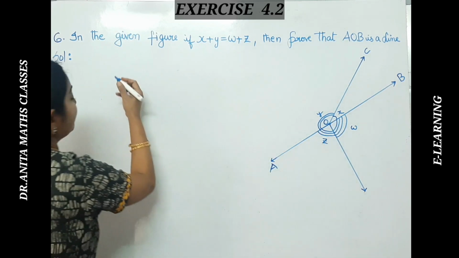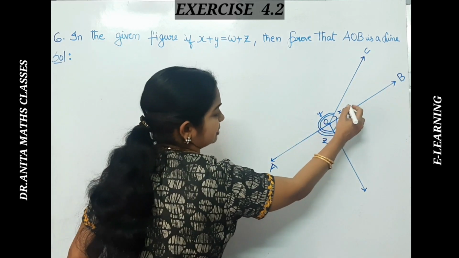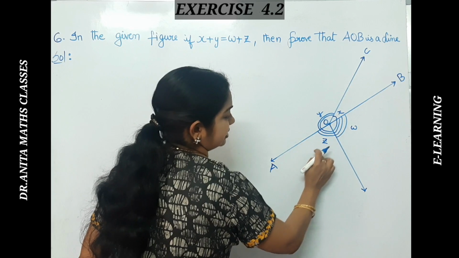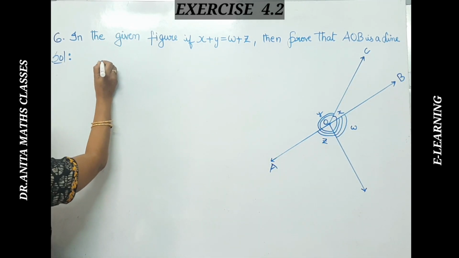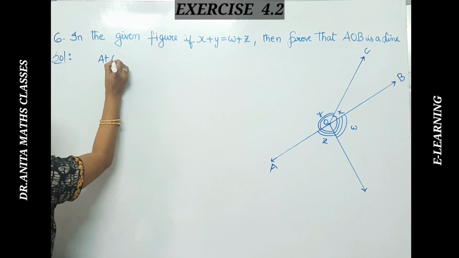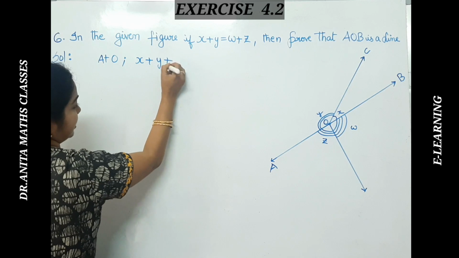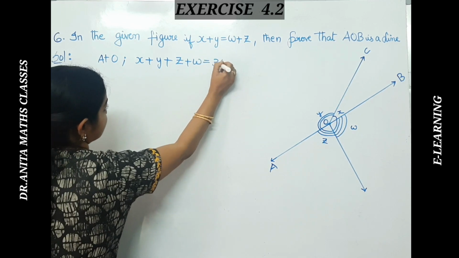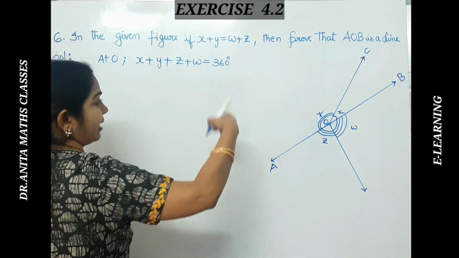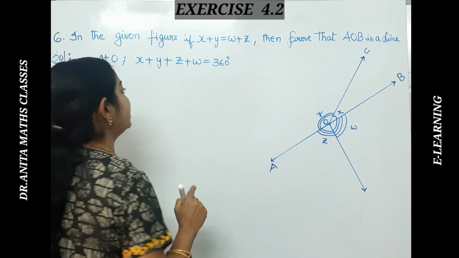So at a point O, x, y, z and w all together must be equal to 360 degrees. At O, x plus y plus z plus w equals 360 degrees. Why? Because at one point the angle is 360 degrees, the complete angle.